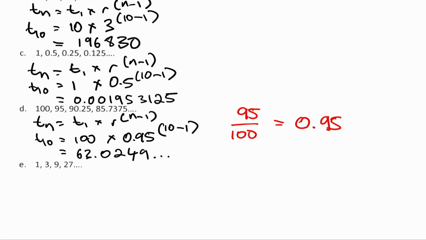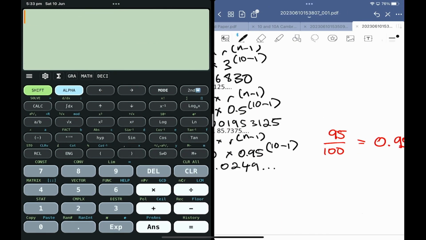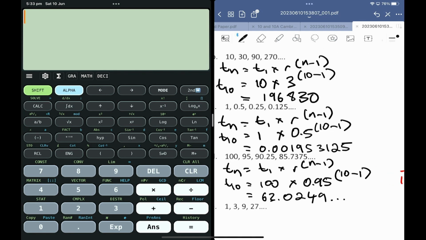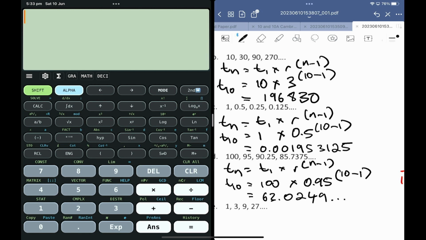This might be a good one to double check with recursion, just so that we can see that this 0.95 actually is correct. So the first term was 100. We hit equals, multiply it by 0.95. And that gives us our second term, which is 95. We hit equals.